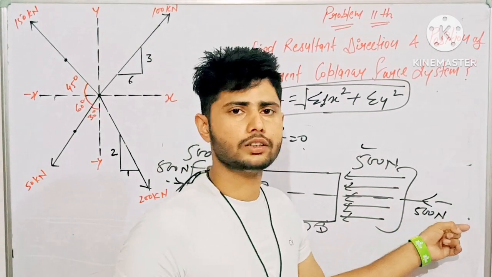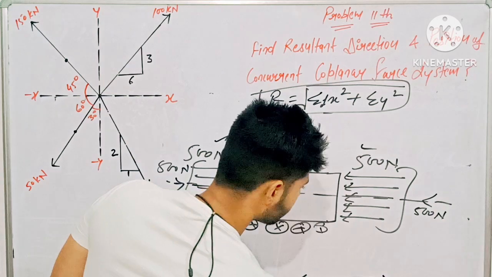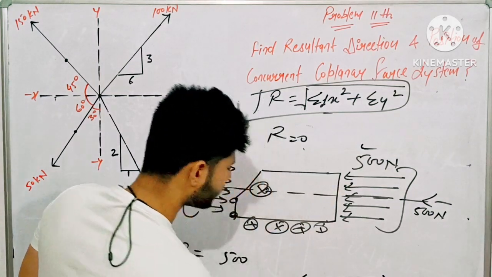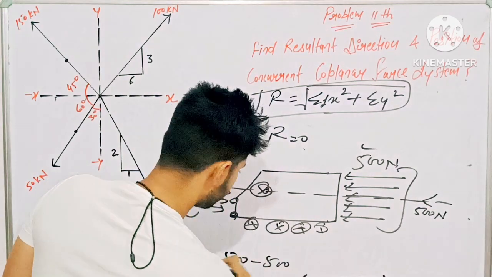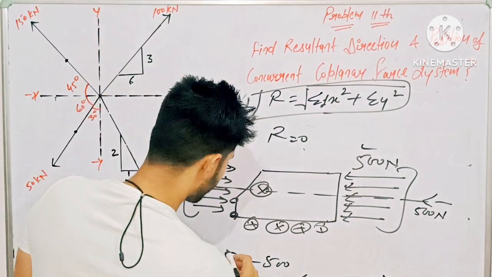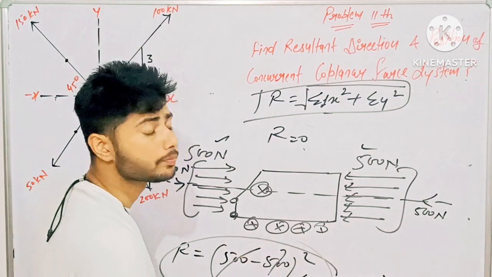The other 500 Newton is against the x-axis, because here it is plus x and here minus x, so you have to take it negative, minus 500, and square both. This will be 0, then your resultant will be 0.